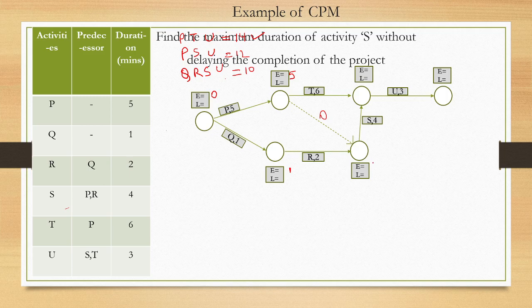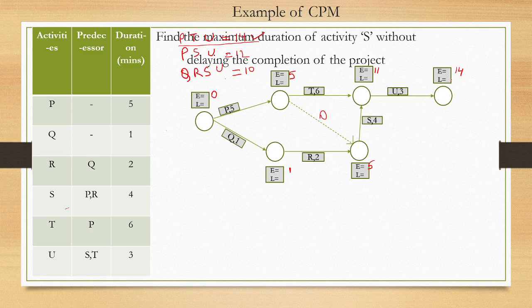So we need to take the maximum one, 5. Now 5 plus 4 is 9 and 5 plus 6 is 11. So this is 11, and 11 plus 3 is 14. Already we found out here that PTU is the critical path and 14 minutes is the project duration.